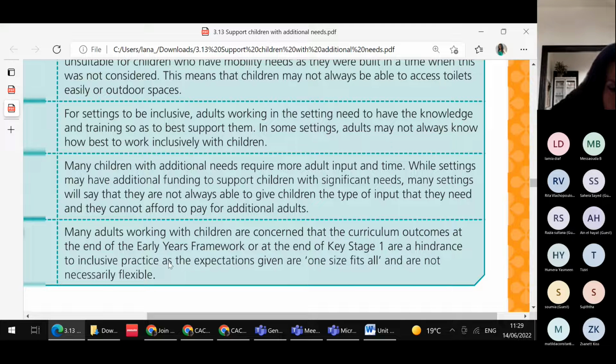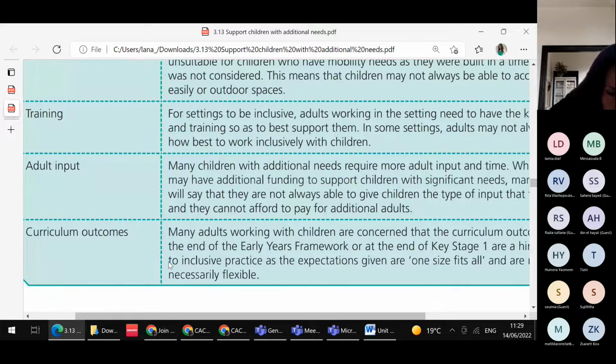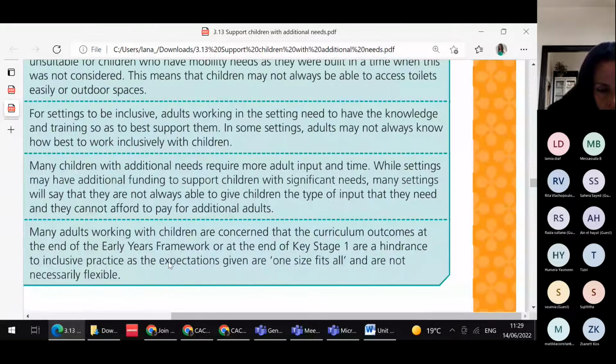We have curriculum outcomes. So what are the curriculum outcomes? Many adults working with children are concerned that the curriculum outcomes at the end of the early years framework or at the end of key stage 1 are a hindrance to inclusive practice.